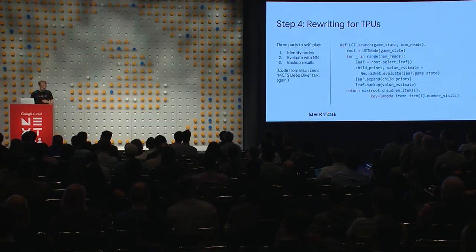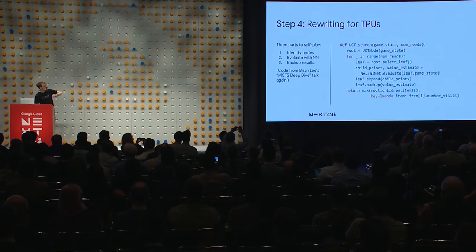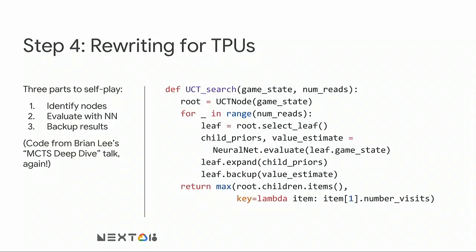So what we had to do was rewrite for TPUs. This code is Monte Carlo tree search. This is the short pseudocode for Monte Carlo tree search. And I'd like to draw your attention to that line that says neuralnet.evaluate leaf.gamestate, because that is the one that suddenly needed to go in parallel, and it needed to go in parallel a lot faster than it could.